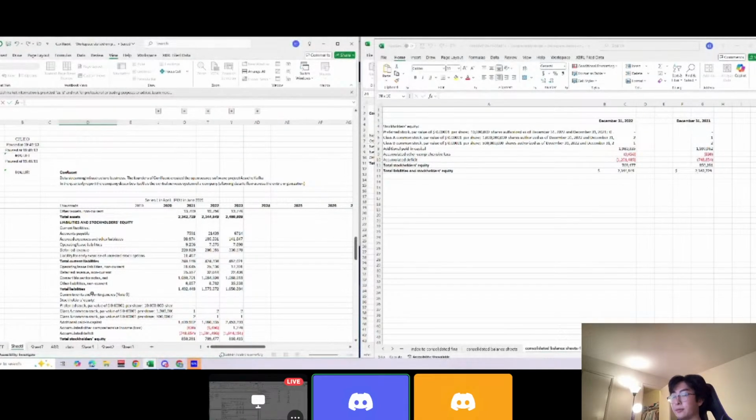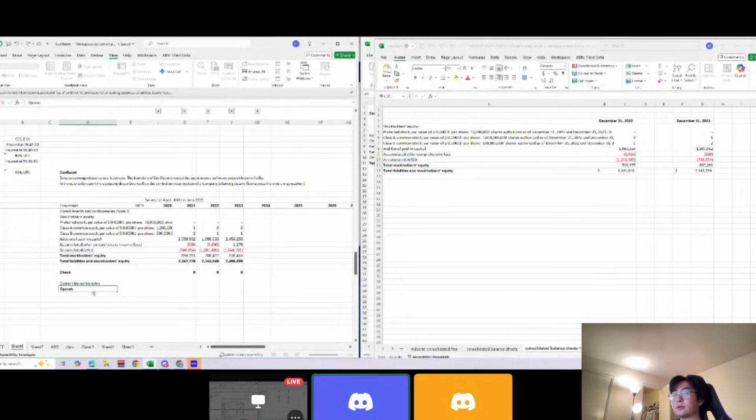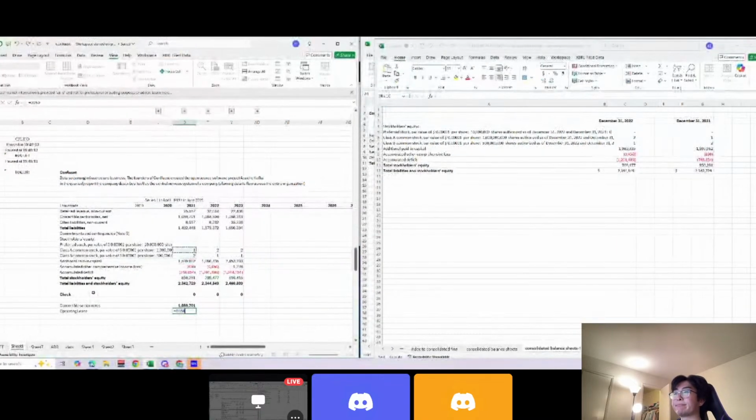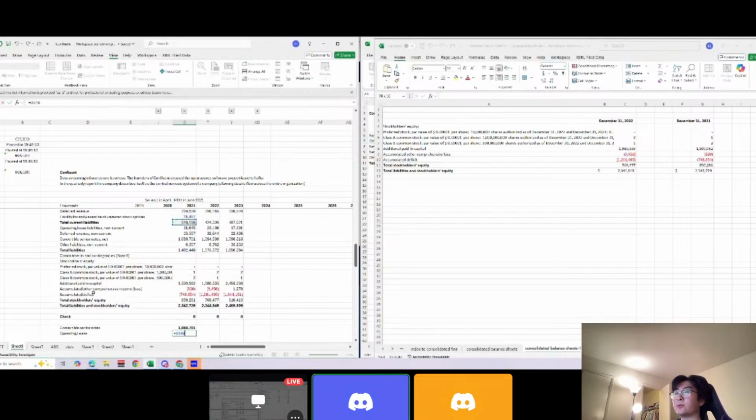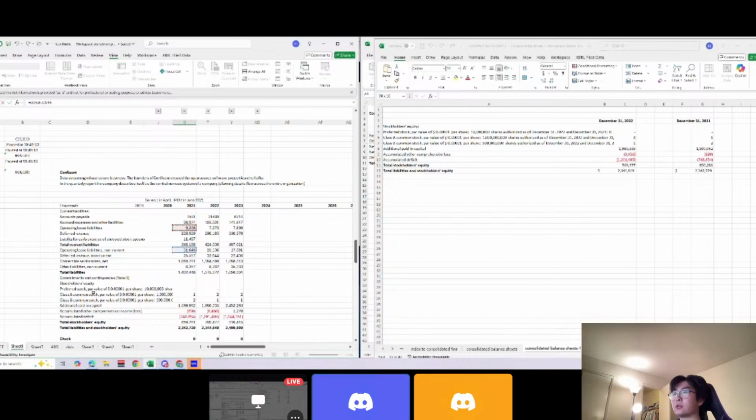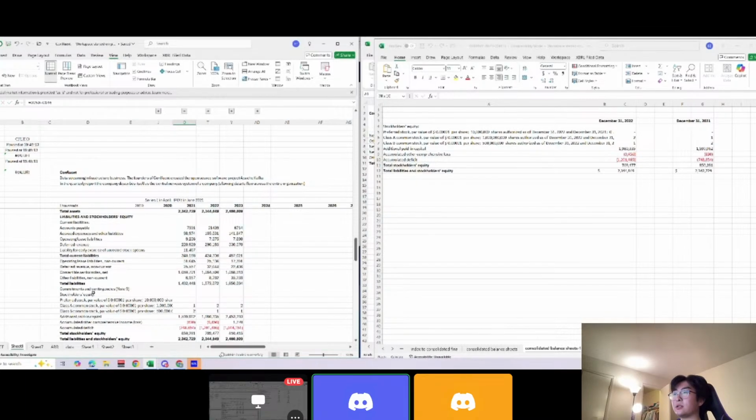Maybe operating lease liabilities. Let's do operating lease liabilities, and then plus current lease liabilities.